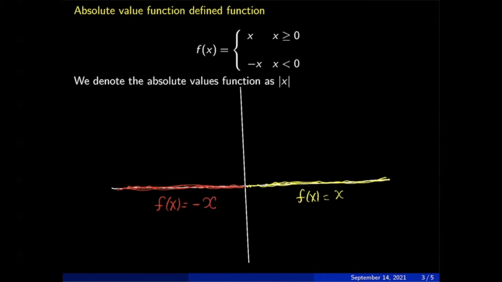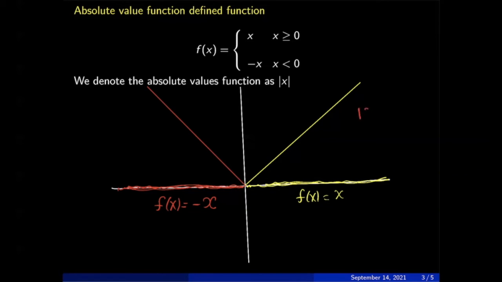So we know that the graph of f of x equals x is a straight line with a 45-degree angle, but we only graph it on its part of the domain. And the graph of f of x equals minus x is also a straight line, but it has a slope of -1, so it's going to be like this.